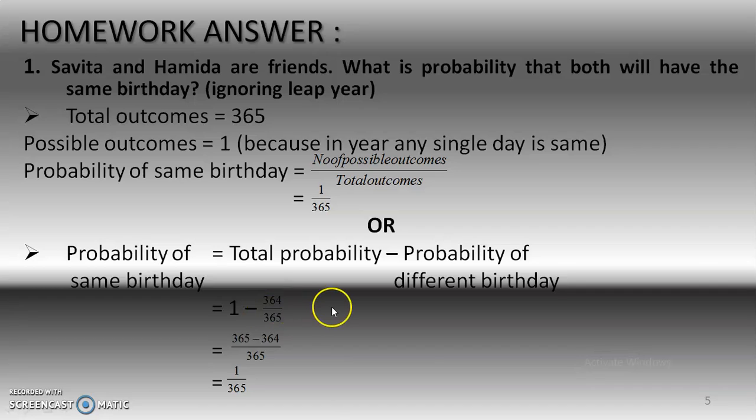So we should take LCM 365. So 365 multiplied by 1 minus 364, so 365 minus 364 divided by 365. So 365 minus 364 equals 1 upon 365. Got it? If you have any question about it, you can ask me in the comment section.